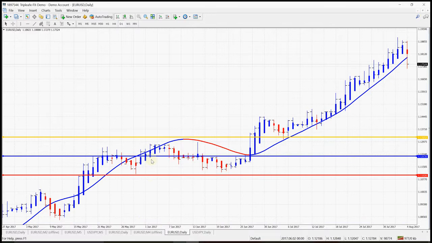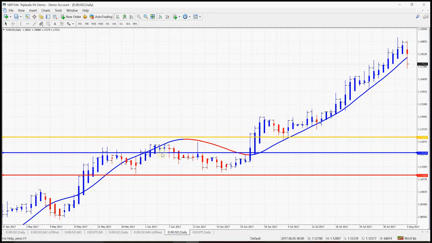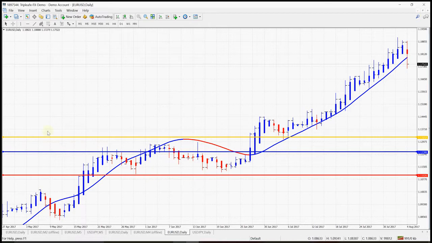The new trade we are trading now is this blue candle here. That's our stop loss. Our target still remains the same because we haven't taken out that resistance yet. So this is still our target.